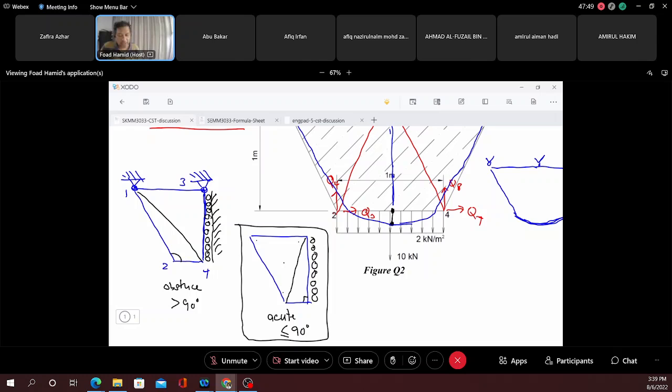Looking at the angle, for the second one, all the angles are maximum 90 degrees. But for the first one, there's one angle at node 2, which is more than 90 degrees. So this is how we avoid certain issues. Okay, so now we can go to the next one.